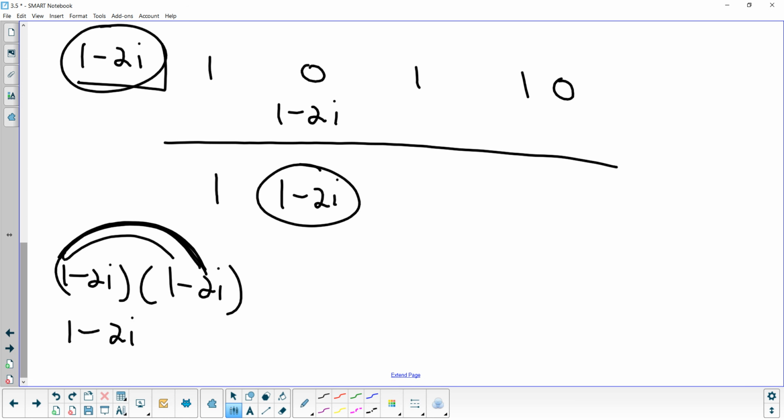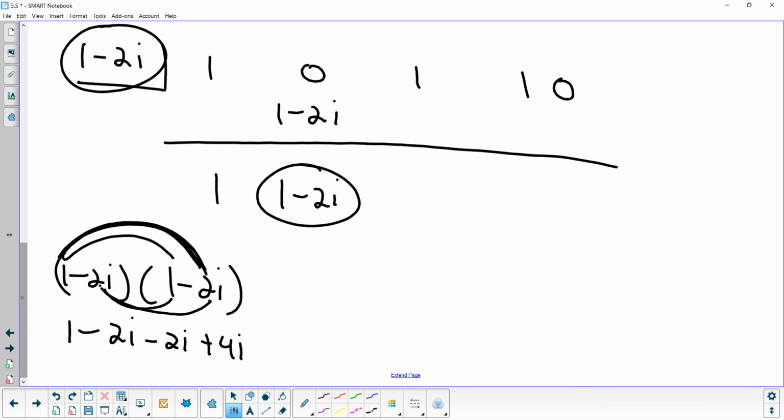And then another 1 minus 2i, so that's another minus 2i. Negative 2i times negative 2i. Now, what's that going to be? Wouldn't that just be 2i squared? Well, you're multiplying, so negative 2 times negative 2. 4i.